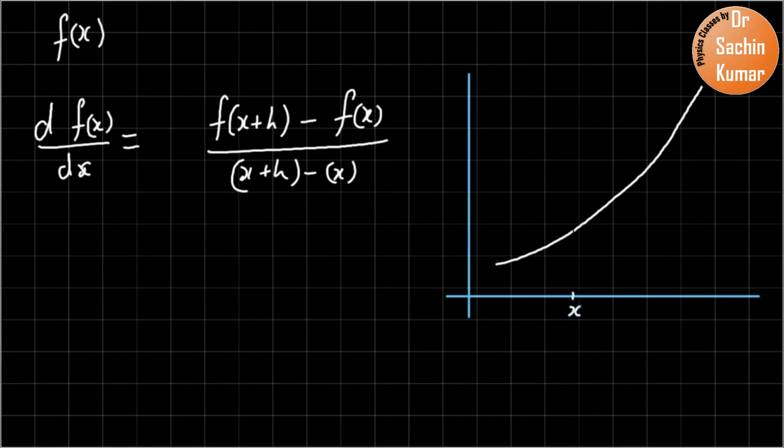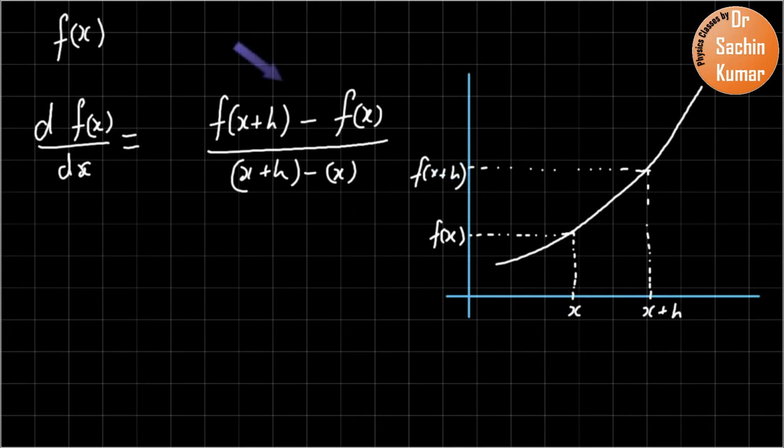At this point x there is some value of this function, which we can call f(x). Now consider one more point x plus h, and corresponding to this I have the value f(x plus h).